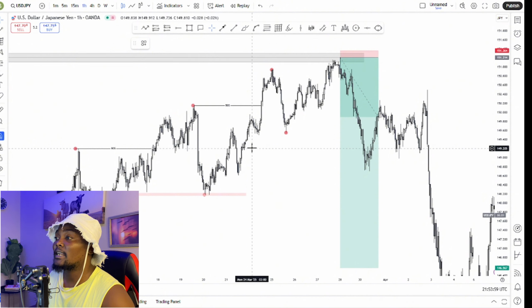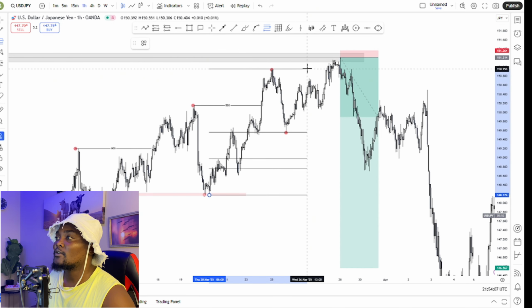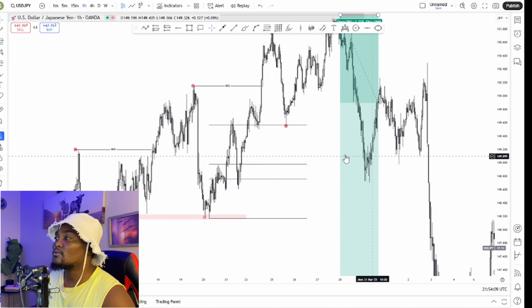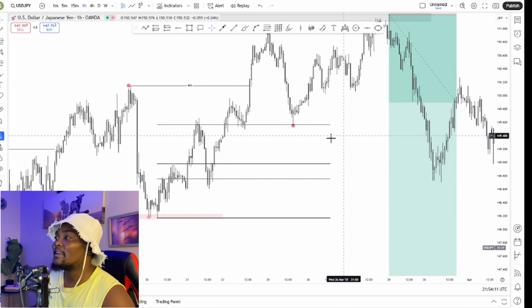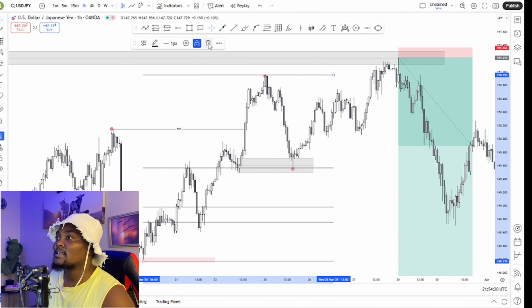A new change of character, a new break of structure. So which means that this is a high, low. So you can just use the fib tool, like I told you, just like that. You can obviously see that we tapped into the 0.5 level, just into the 0.5 level, then we started pushing up. So we can just take this area here, and then you can just take your buys internally.